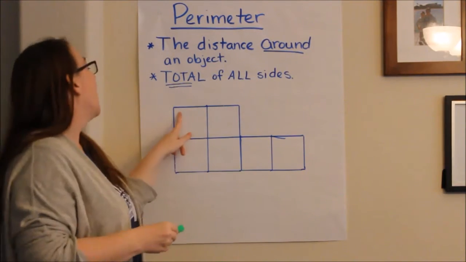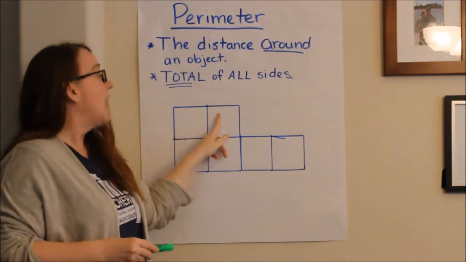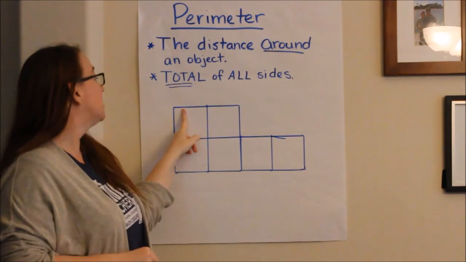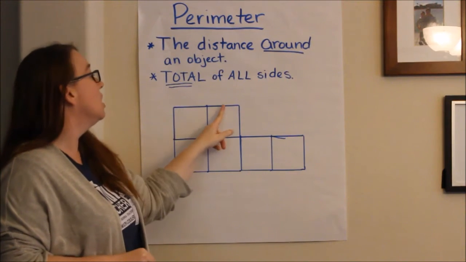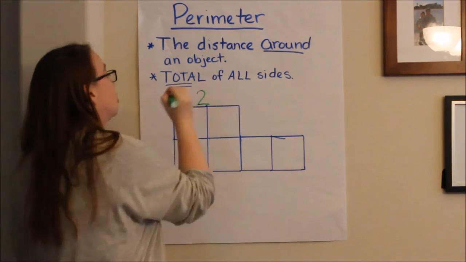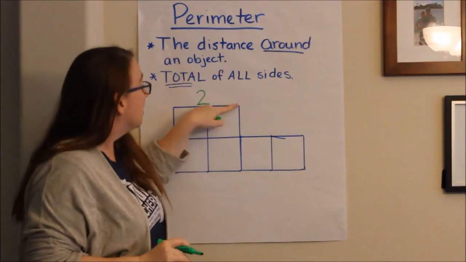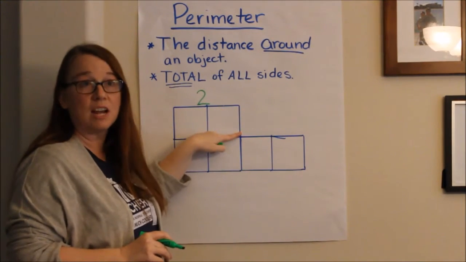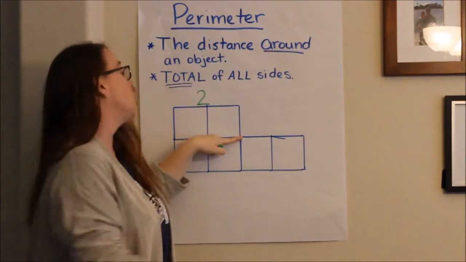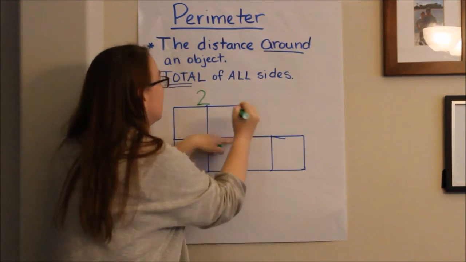Let's do that together. On this side, we can count how many squares long it is. So on the top here, this one is 2 squares long. So I'm going to go ahead and label that as 2 units long. This side is facing the outside of the object, but if you notice, this one is only 1 unit long. So we're going to label that with the number 1.